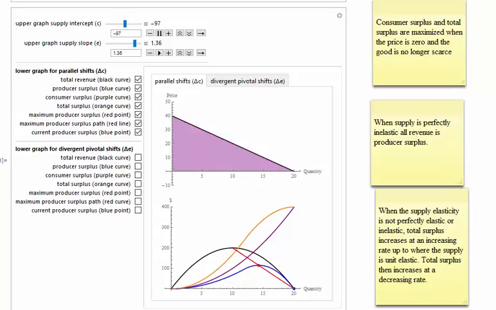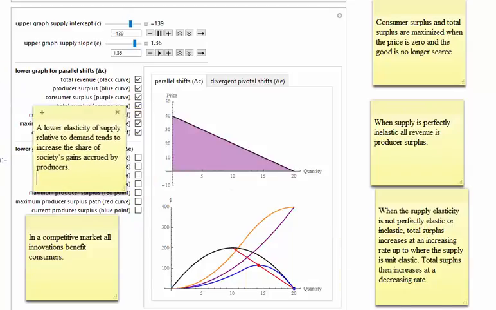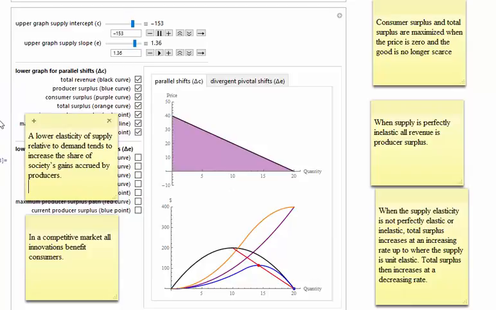So in other words, in a competitive market, all innovations benefit consumers. Consumer surplus is always increasing. Likewise, a lower elasticity of supply relative to the demand tends to increase the share of society's gains going to producers. So producers like to have fairly inelastic supply curves.